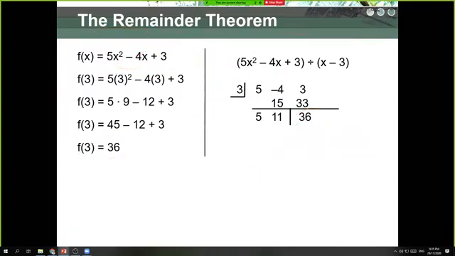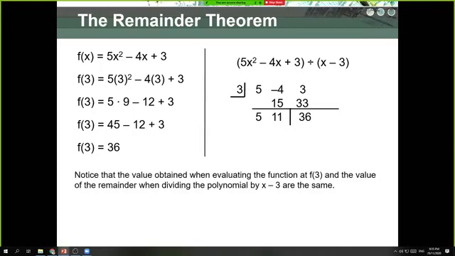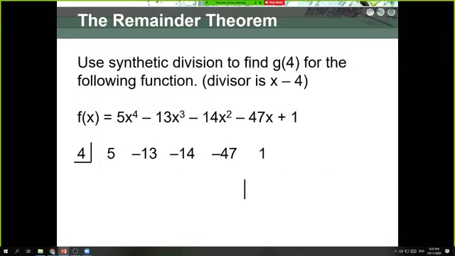Now, let's have other examples. You have noticed now that f of 3 is the same as dividing by x minus 3. Take note of that. The same answer for f of 3 and also dividing the polynomial by x minus 3 using synthetic division. Now, let's have more on synthetic division.